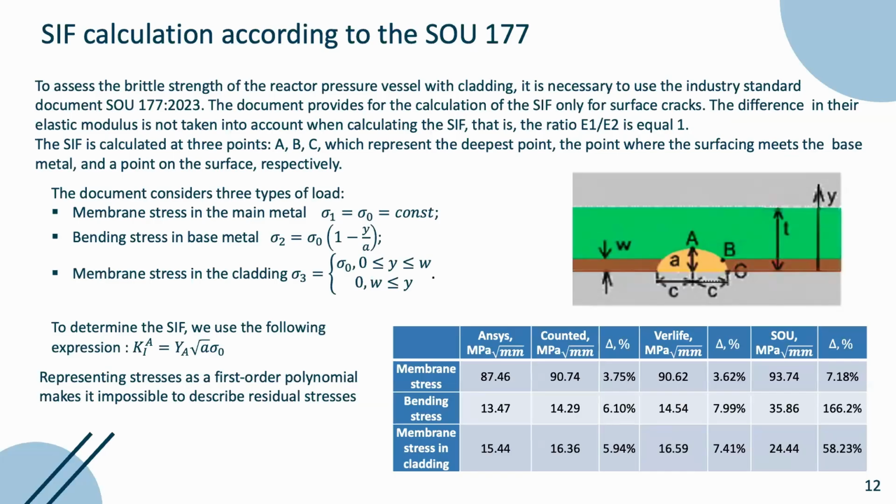The document provides for the calculation of the stress intensity factor only for surface cracks, and the difference in elastic modulus between base metal and cladding is not taken into account. Also, the document considers only three types of load: membrane and bending stress in the base metal and membrane stress in the cladding.